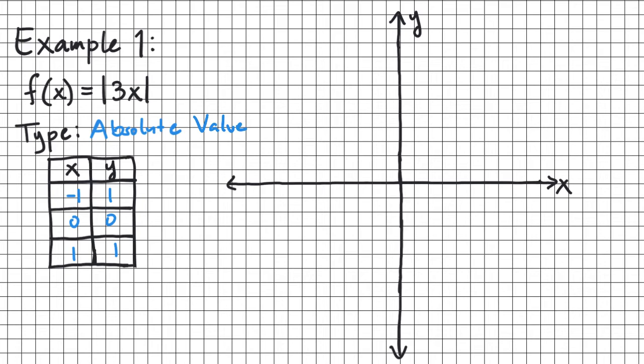Okay. And so if I graph these, it's going to be 0, 0, 1, 1, -1, 1. Something like this. And then going the other way to make that V shape. So remember, absolute value has that V shape, right?